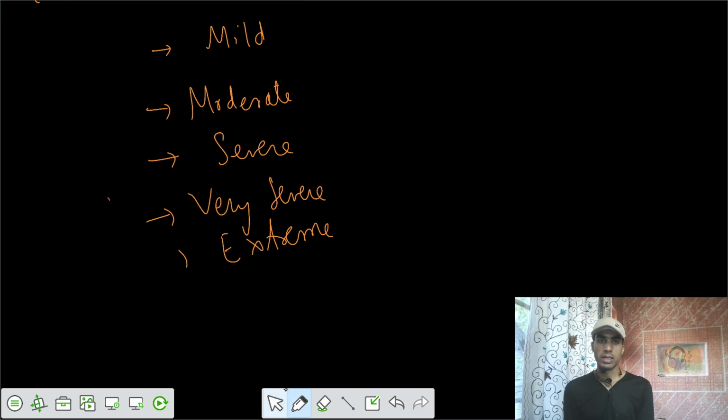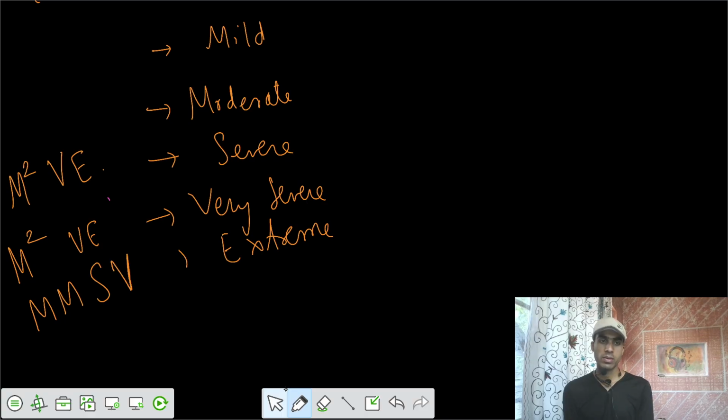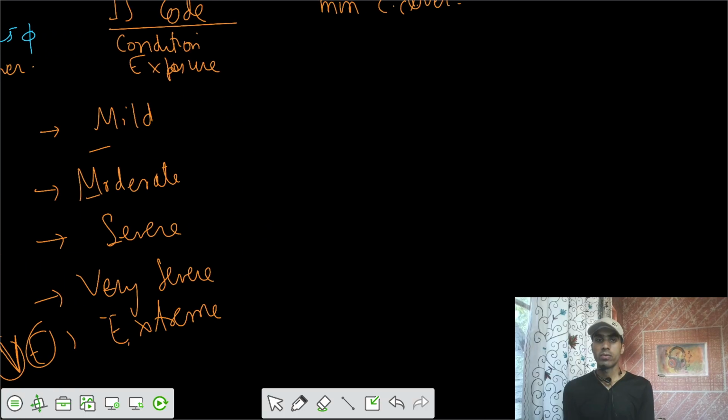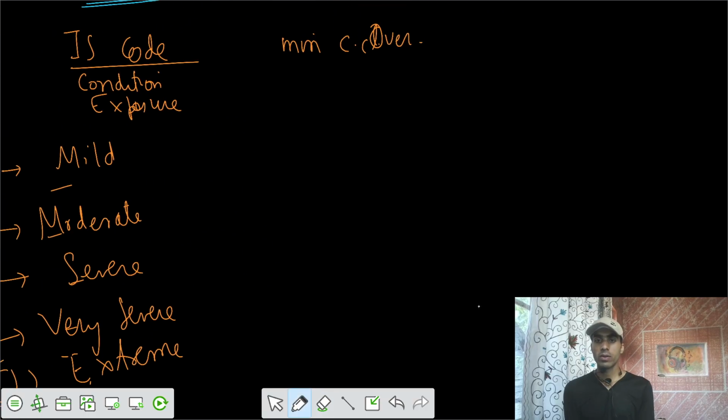We can remember that in this way: MMSVE, mild, moderate, severe, very severe, extreme. Then for that we have different clear covers.